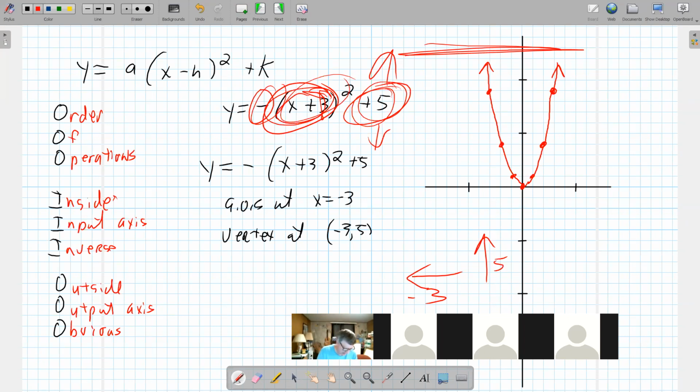And finally, it flips it over. Again, I don't know if you can see that or not. But this thing moves it to the left 3 units. This thing moves it up 5 units. This thing flips it over. Okay. Now, that's a whole bunch of information, I know.